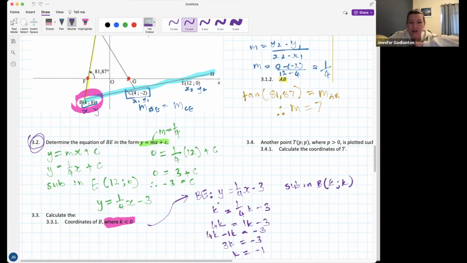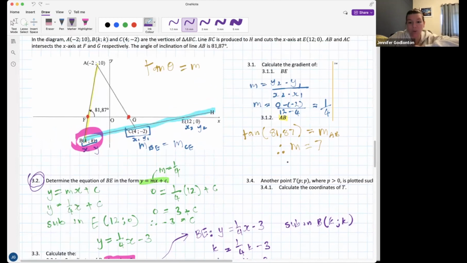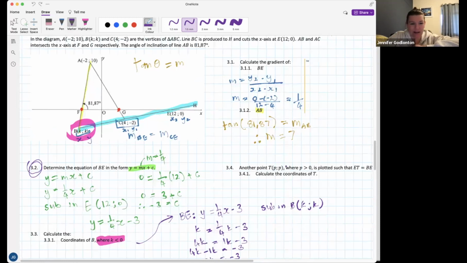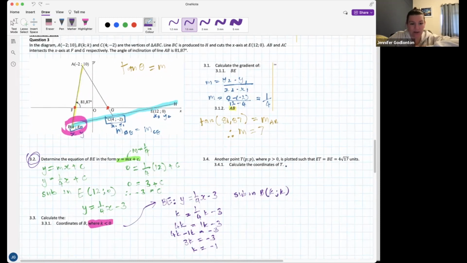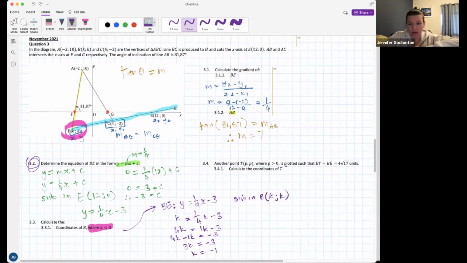Okay, we're actually not going to do this question 3.4 because I want us to give another question a go. I'm just going to zoom out a little bit so that you can get all of this in. It will be quite small. And then we can try one more baby question before I have to leave you guys for the other matrix.